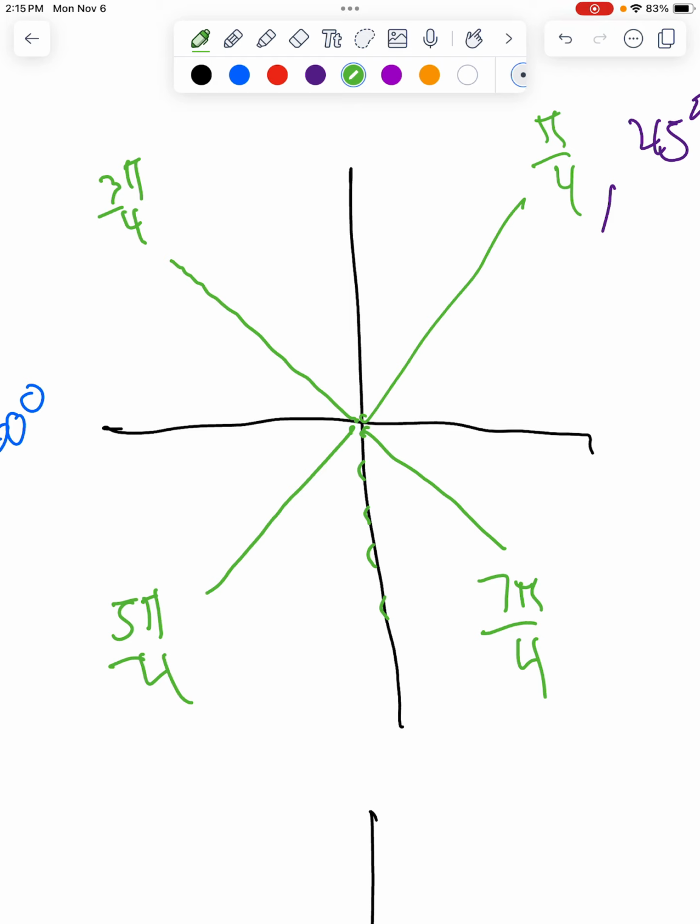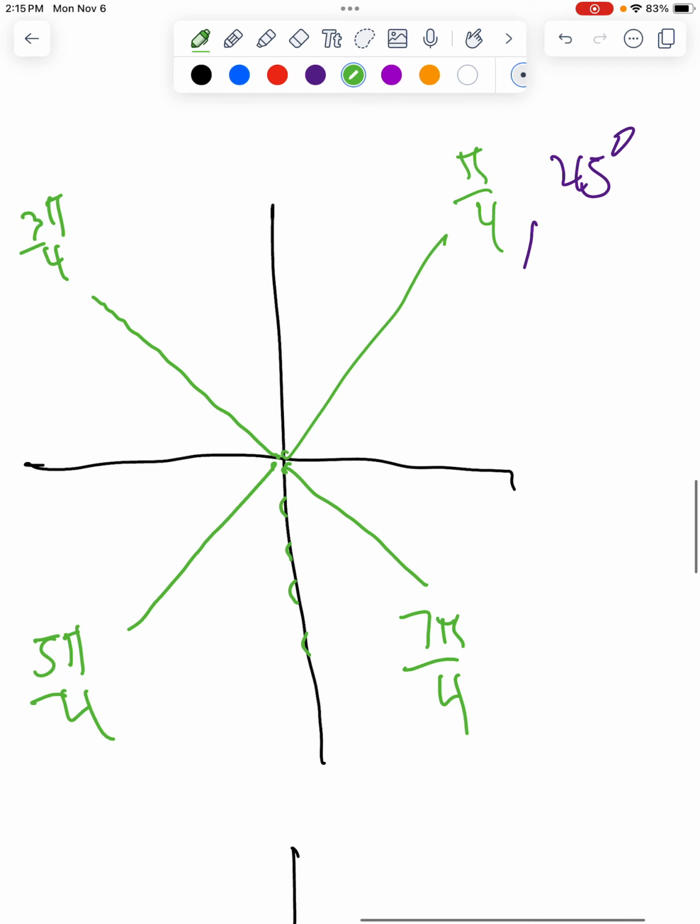And we can fill in our degree measures as well by adding 90 degrees. So this would be 135, 225, and 315.